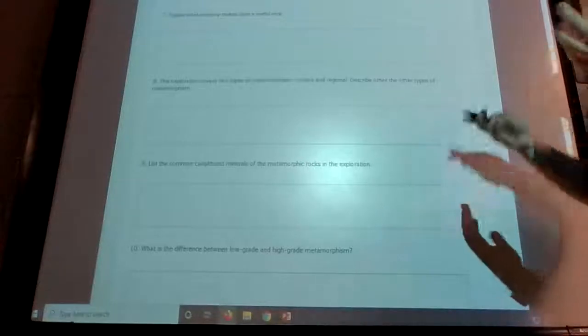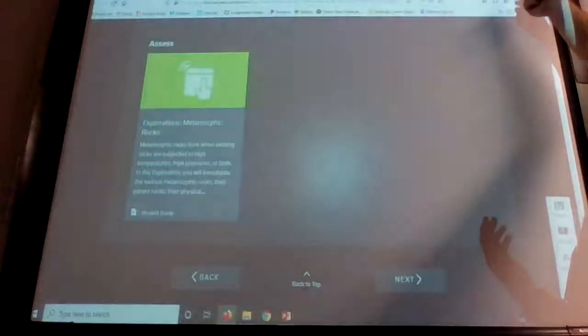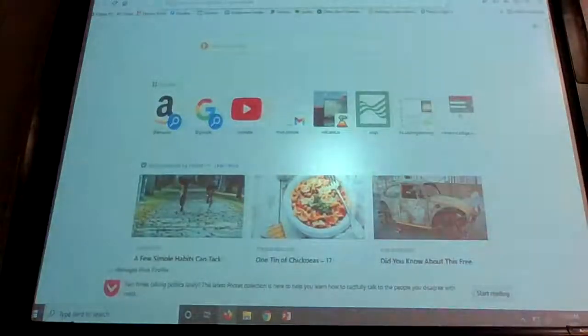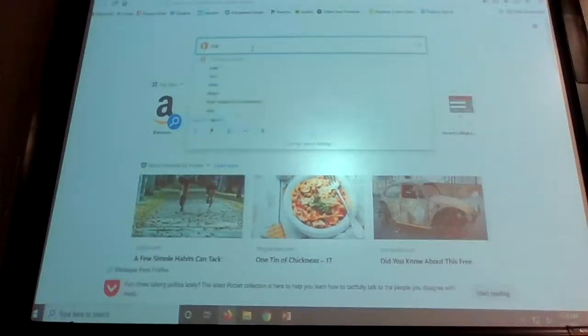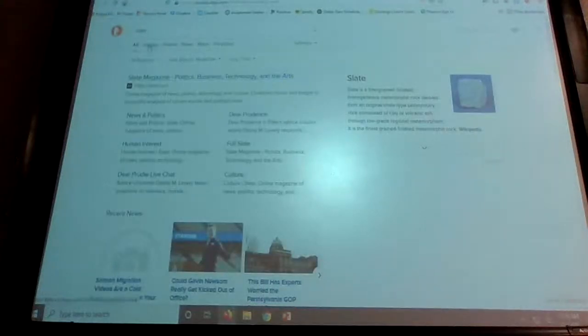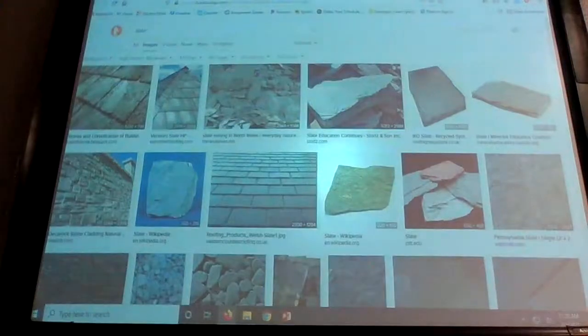Does anybody know what slate does that's different than other things? Let's see. Kind of Google slate, show me some pictures. Because this is a very important property. It's kind of like the whole thing. Slate. What is a slate? If I told you we had a slate of something, what would that mean?